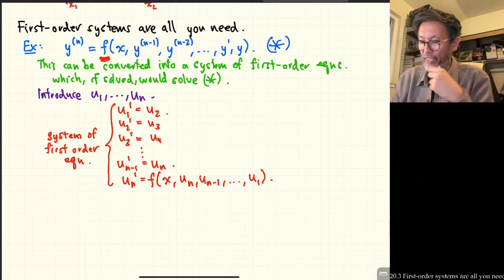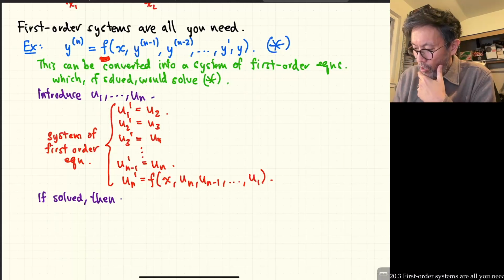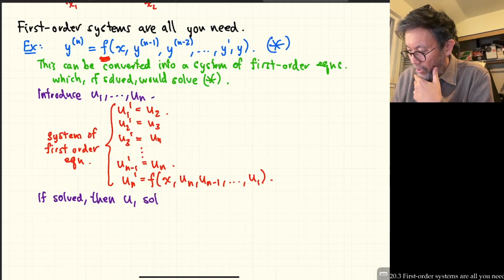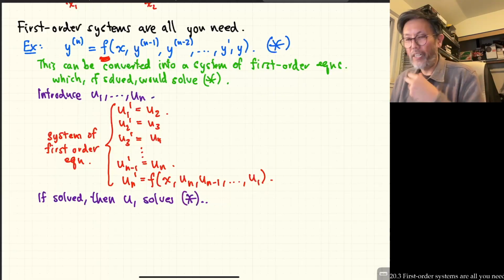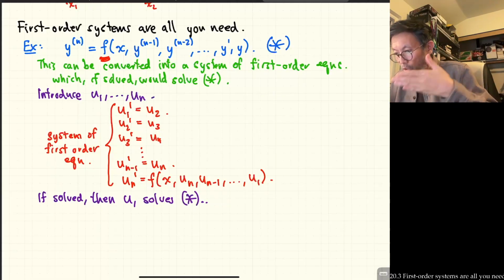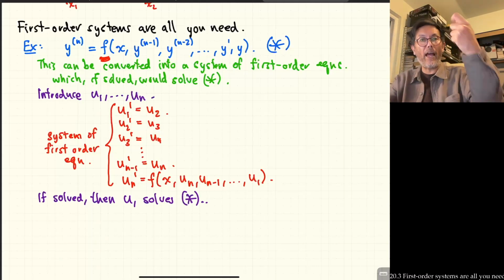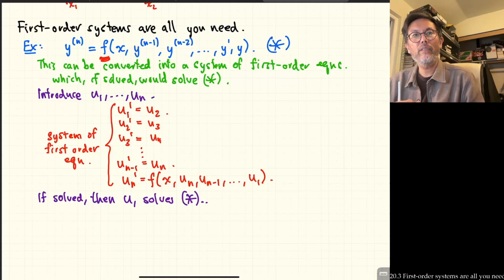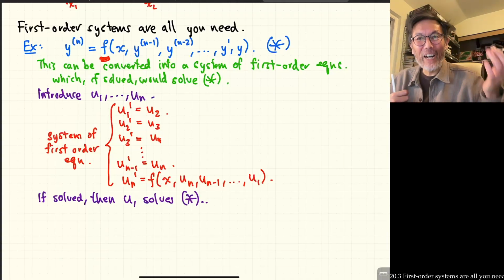Let's think about it. If u1 is solved, then u1 solves star. In other words, u1 and all of its derivatives, when plugged into this f, will give you the nth derivative of u1. Why is that?